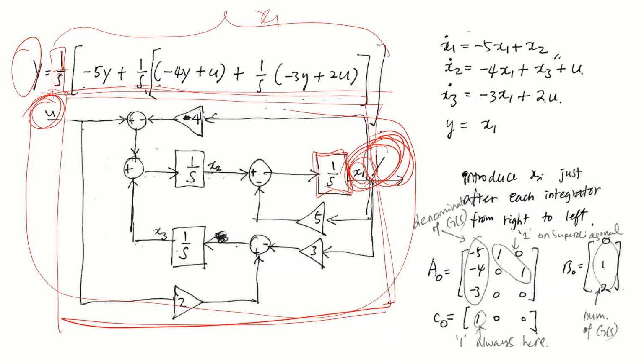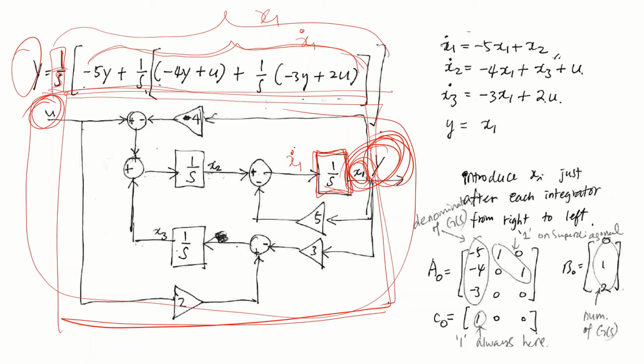You define x1 right after this 1 over s. So this is going to be x1 dot. And this one is exactly x1 dot. So everything that comes after 1 over s here will be x1 dot. It's not x2, it's simply x1 dot.